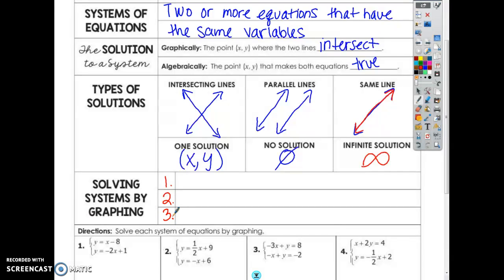The first step is to rewrite the equations in slope-intercept form, y equals mx plus b. Today, you don't have to do the first step because you have Desmos. Desmos will do the graphing for you even if it's not in y equals. So we can skip the first step.